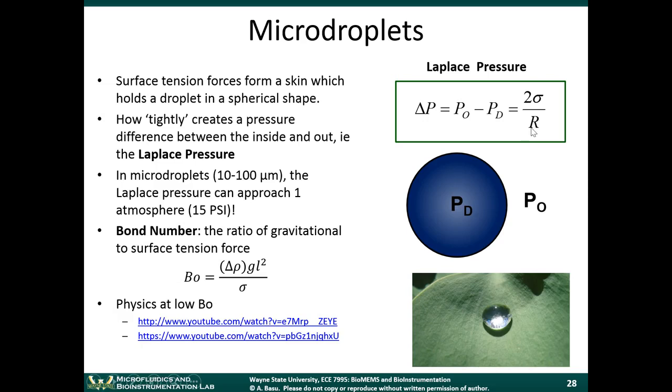This is a geometric dimension. This is telling us that when the r becomes small, the Laplace pressure shoots up. This is a 1 over x function, 1 over L function. So in microdroplets, interestingly, the Laplace pressure can approach 1 atmosphere, 15 psi. That's very significant. 1 atmosphere difference between the inside and outside of the drop.